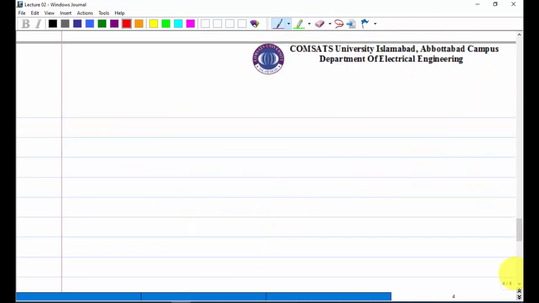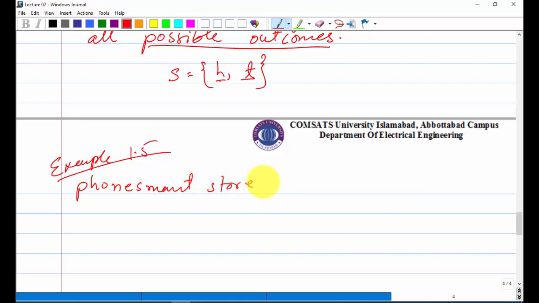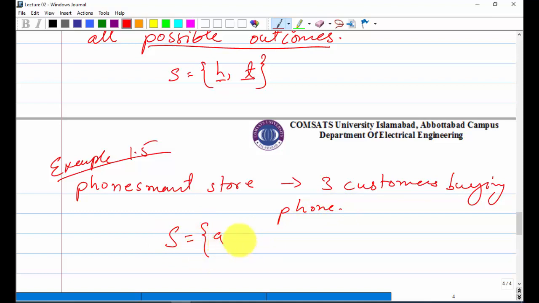Let's see another small example, example 1.5. Phone Smart store. If we observe 3 customers buying phones, here we call A for apricot phone and B for banana phone.